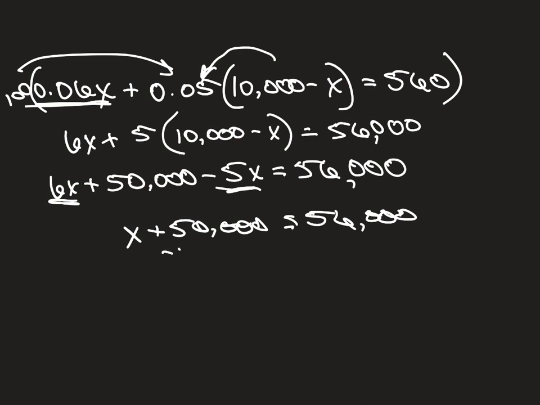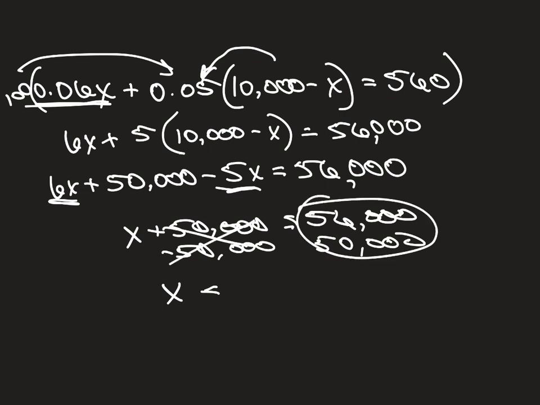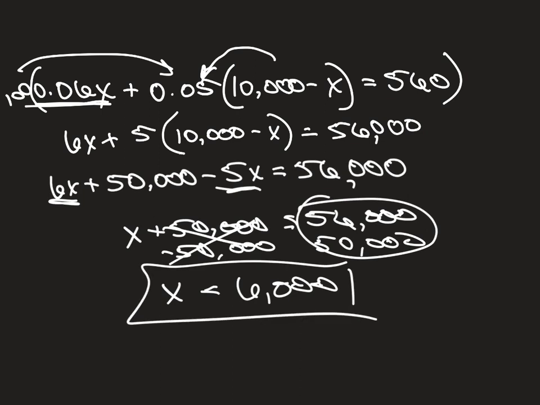So I'm going to subtract 50,000 from both sides. X equals, those go away, 56,000 minus 50,000. And that's my answer. So I didn't have to deal with any decimals at all. I just got rid of them clear at the very beginning.